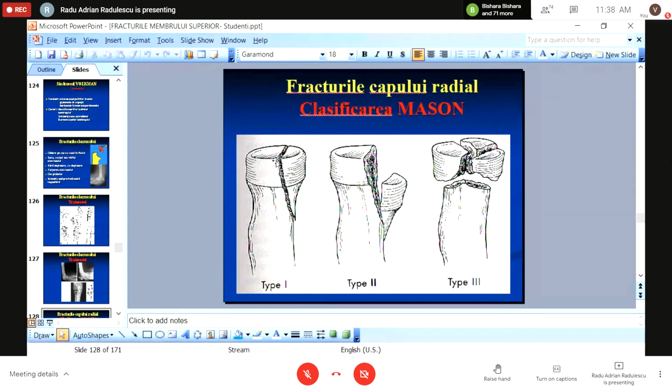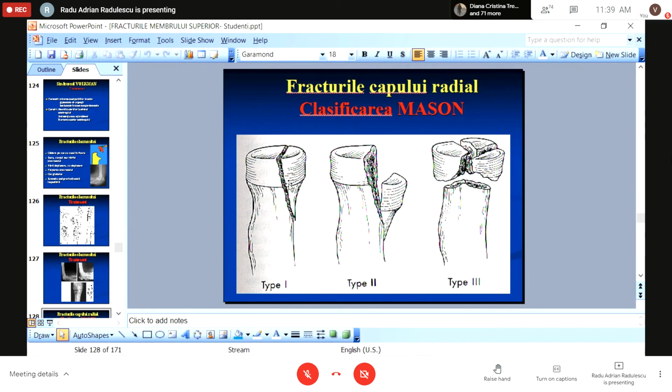These fractures are also intra-articular because they involve the articular surface of the radial head. There is a classification system here described by Mason.